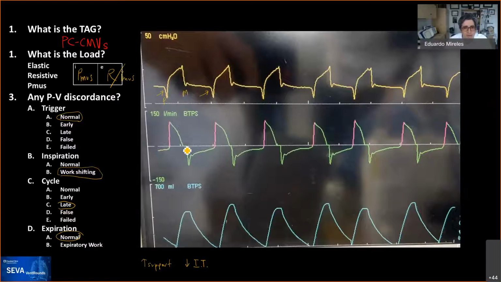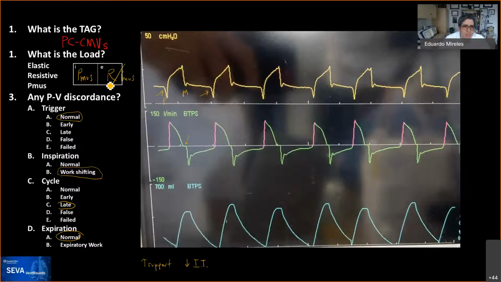And we know that because there is this period of time that looks like a pause, but it's simply the I time. And you can see, because the patient has variable inspiratory efforts, the cycle time is different in this little pause, because the patient finishes the breath at different sizes for each one of the breaths.